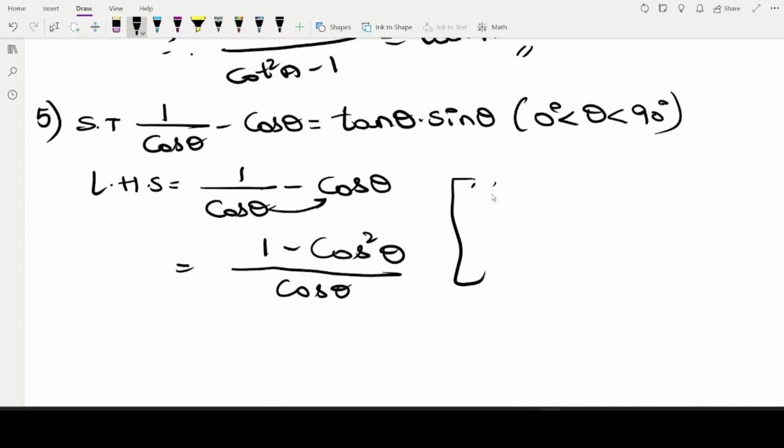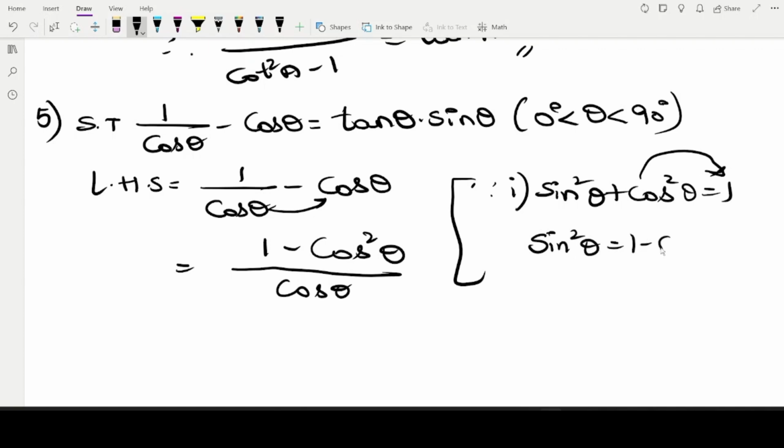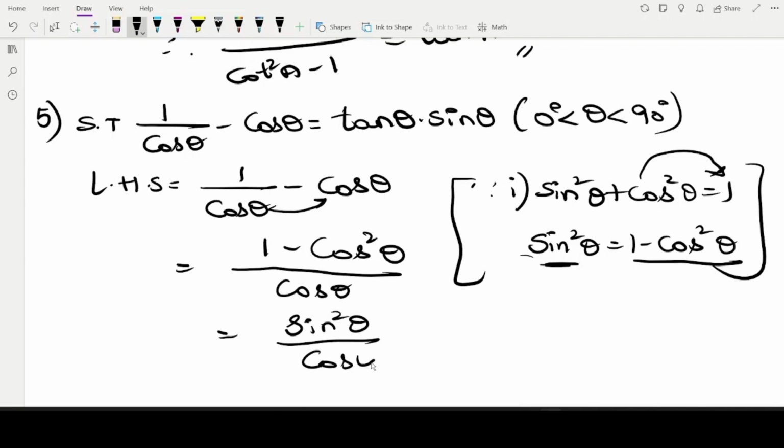And we know from identity 1 that sin square theta plus cos square theta equals 1. From here, if you shift the cos square theta to the other side, that becomes sin square theta equals 1 minus cos square theta. So what is 1 minus cos square theta here? It is sin square theta. So sin square theta divided by cos theta. Now I am writing sin square theta as sin theta into sin theta divided by cos theta.